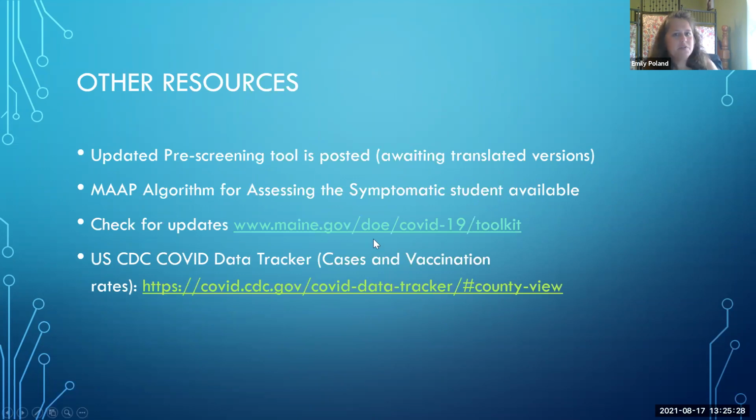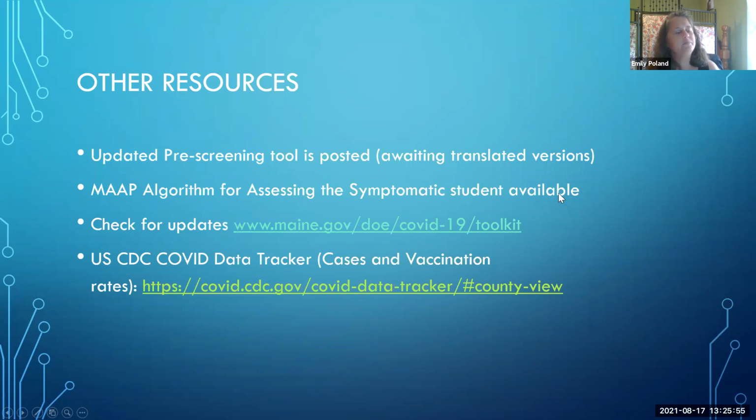So some other resources have been updated. The pre-screening tool is finally posted. It is on the toolkit under school health resources, and we are just waiting for our translations to come back. As soon as those are back, they'll be posted there as well. The Maine AAP algorithm for assessing the symptomatic student is also available. I forgot the link there.